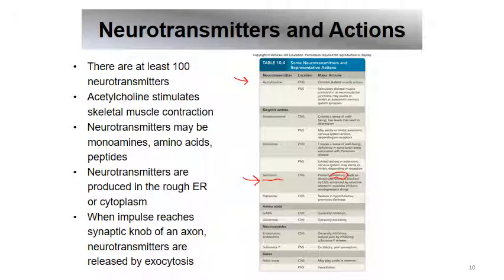This leads to sleepiness, with actions blocked by LSD, which is interesting. Serotonin reuptake inhibitors are used as antidepressant drugs. Here's another one, GABA. This one's also inhibitory, and also controls moods. The neurotransmitters that allow negative charges to come in are just for controlling behaviors and moods.